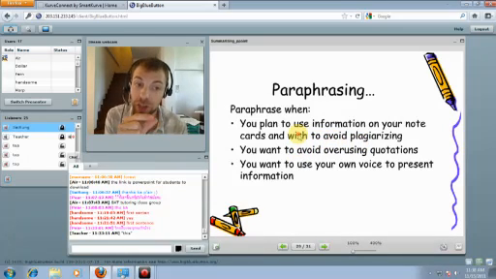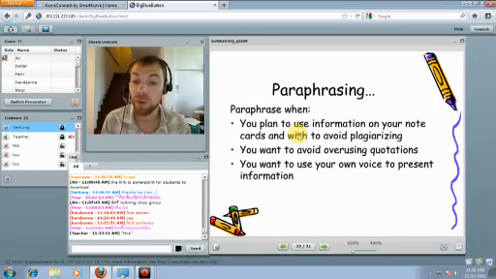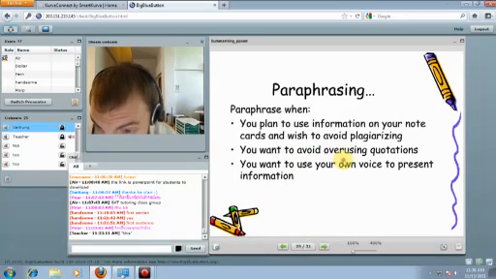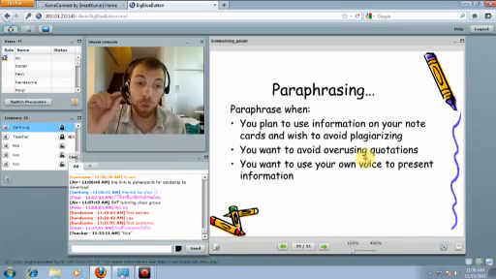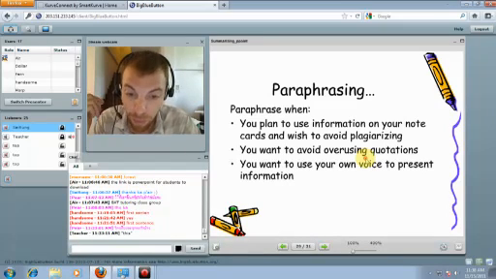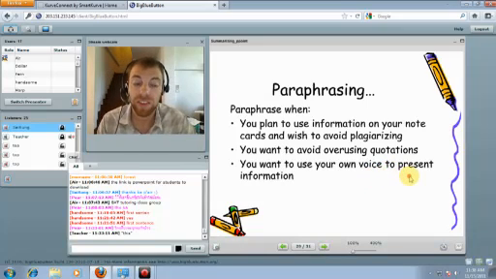You change a little bit here, change here, and you make your own idea. So you want to avoid overusing quotations. You want to use a little bit, but not very many quotations, because then it's not your ideas. Too many ideas from other people. And you want to use your own words to present information.